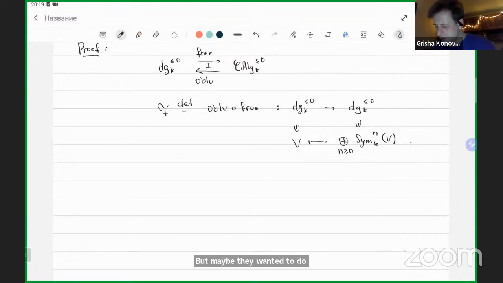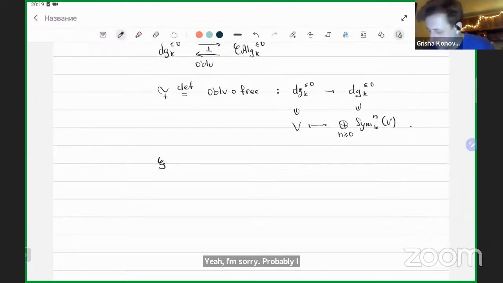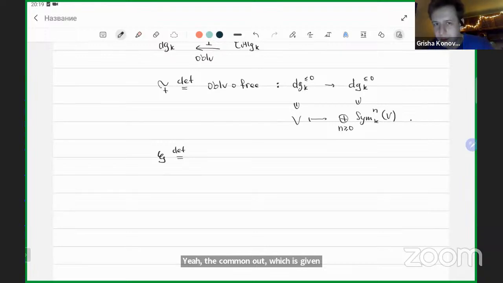Yeah, I'm sorry. Probably I wanted, let's say, okay, let's denote by G the comonad, which is given by the composite of the right adjoint followed by the left adjoint.